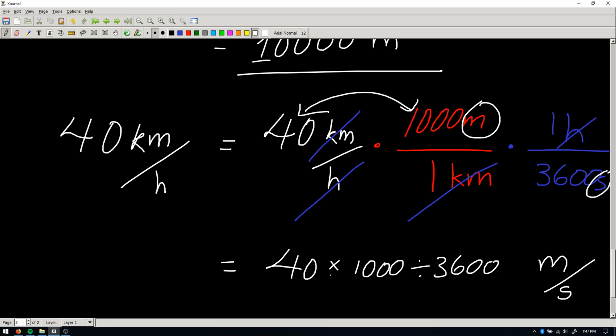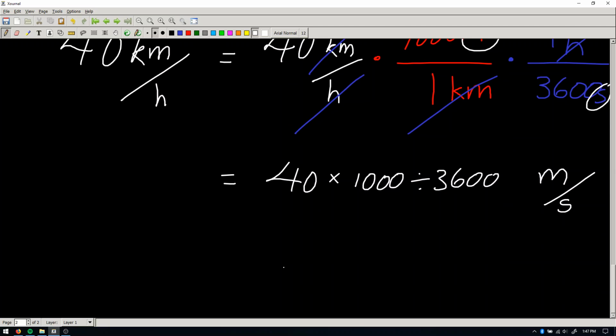Okay, and there you go. So what's 40 times 1,000? That's 40,000 divided by 3,600. What do you get? So 40,000 divided by 3,600, you get about 11.1 meters per second.